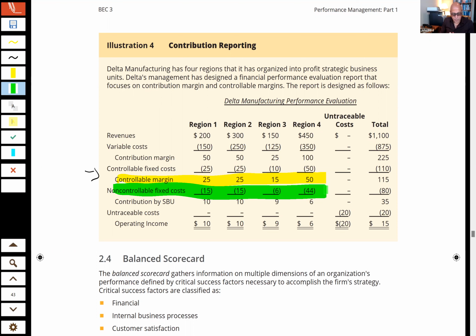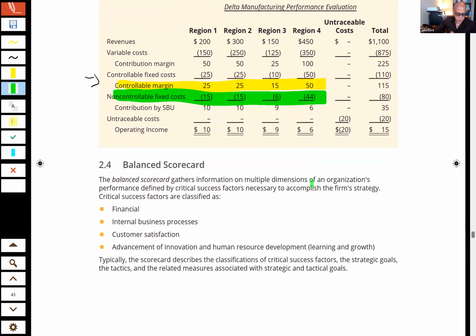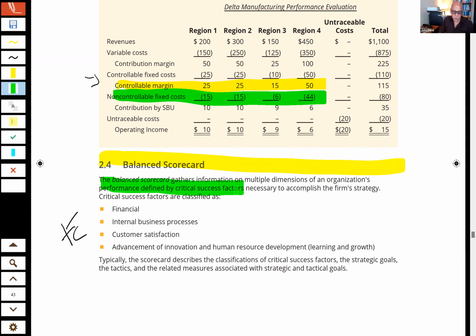Okay, balanced scorecard. When we are looking at the balanced scorecard as accountants, we tend to think financial outcome. Well, there are more than just financial outcomes, performance indicators of critical success that an entity would want to consider.